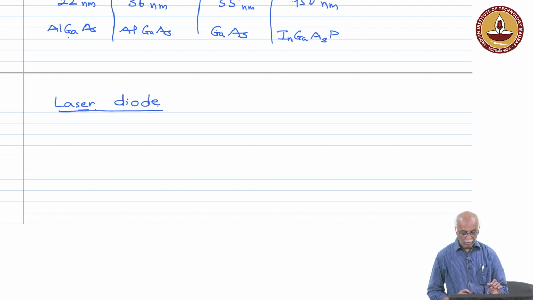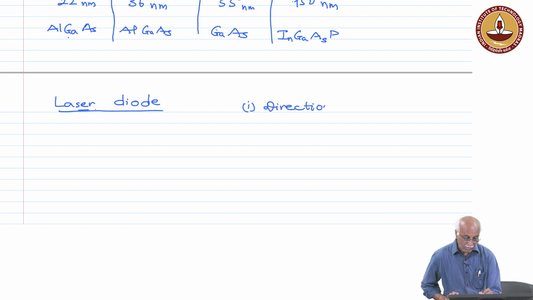Of course, a laser diode also emits light, and a light emitting diode also emits light. But as I told you, the light emitted from a laser diode is directional. In a particular direction we will be able to get the output.